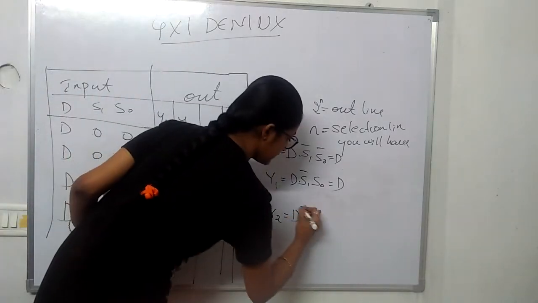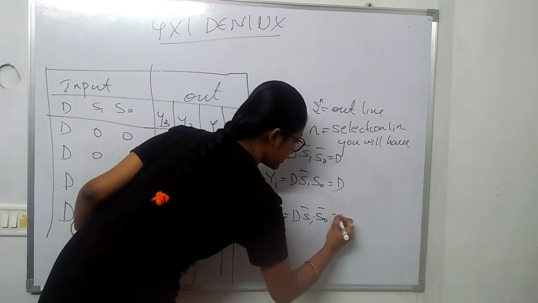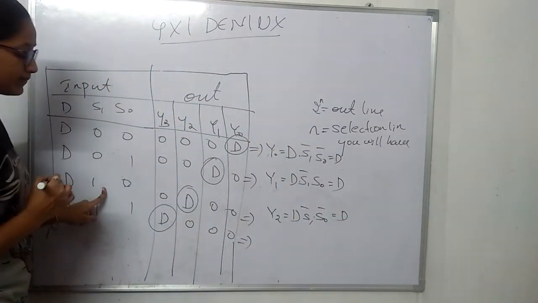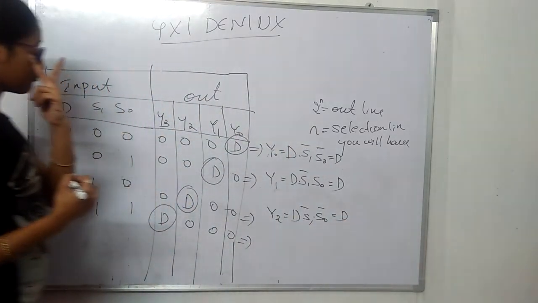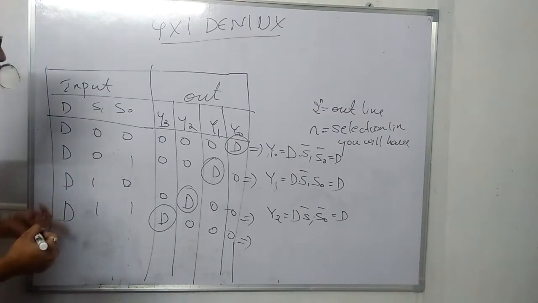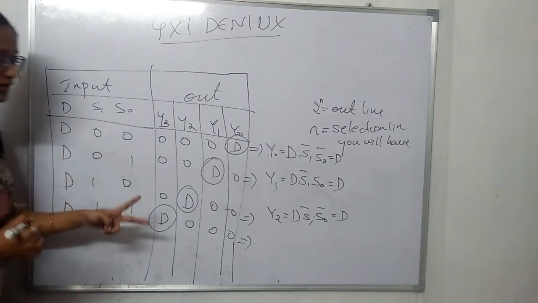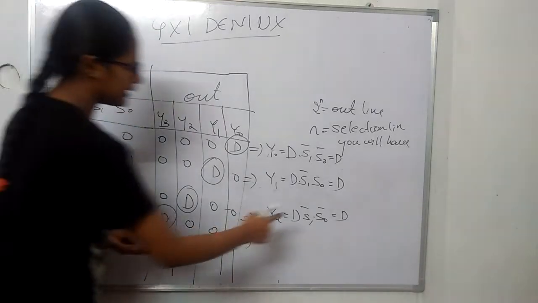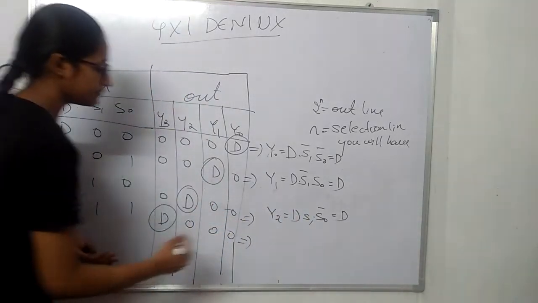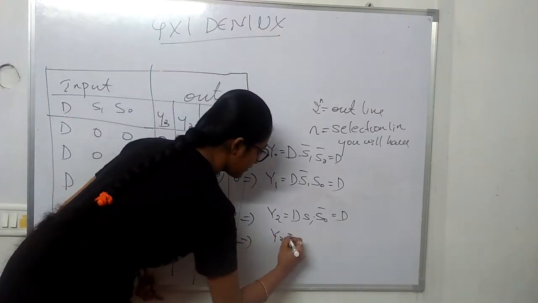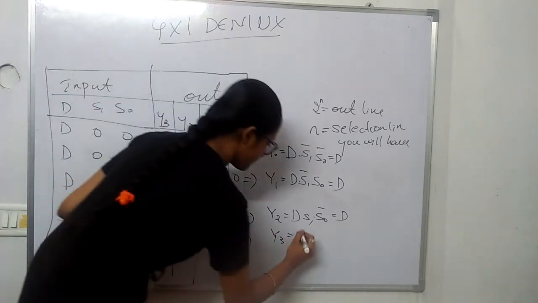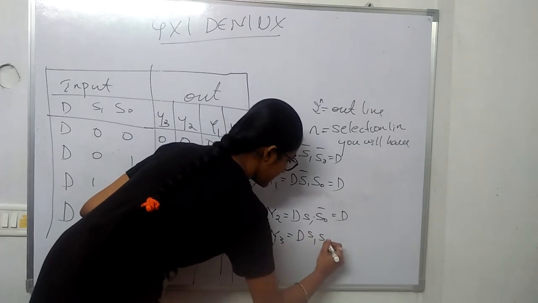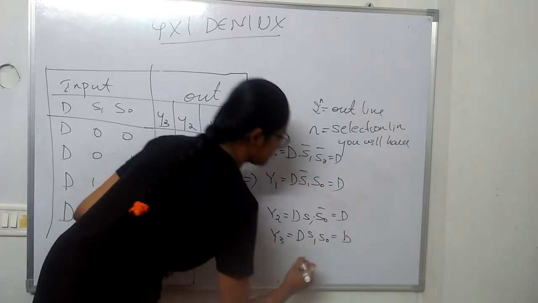So S1 into S0 bar equals D, the information. In order to get the information at Y3, you have to make S1 and S0 as 1, 1. They are already 1, so you need not put any bars. So Y3 equals D into S1 into S0.